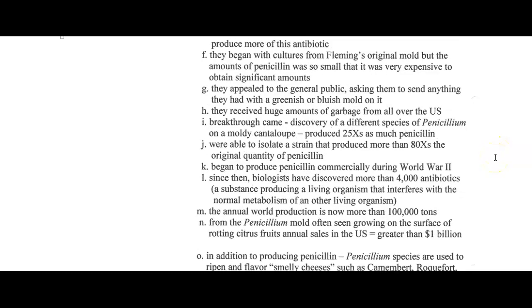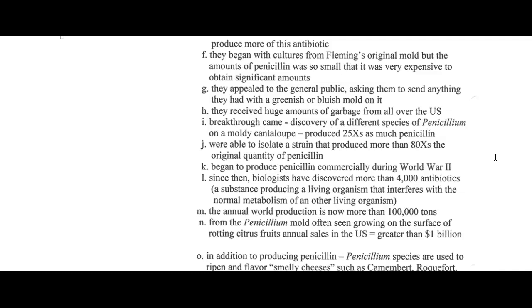One of the researchers had gone to a local grocery store, and they found a moldy cantaloupe, and they brought it back to the lab. It was a different species of penicillium than Fleming had used, and this particular one produced 25 times as much penicillin. Then they were able to isolate a strain that produced more than 80 times the original quantity of penicillin.